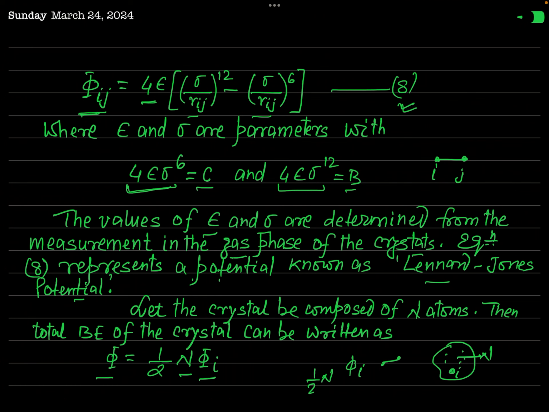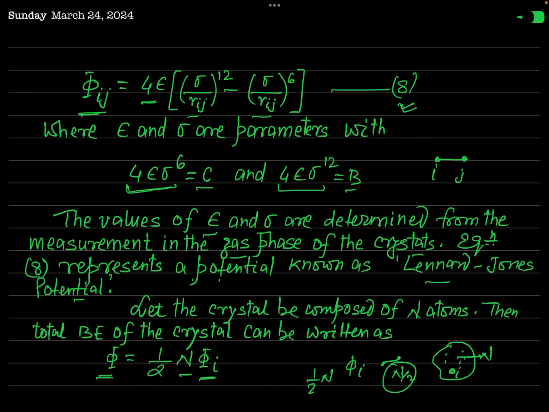So if there are n atoms, the number of pairs will be n by 2, and one pair is counted once. That's why, to get the total binding energy, we do not multiply phi i by n, but we multiply phi i by 1 over 2 into n.